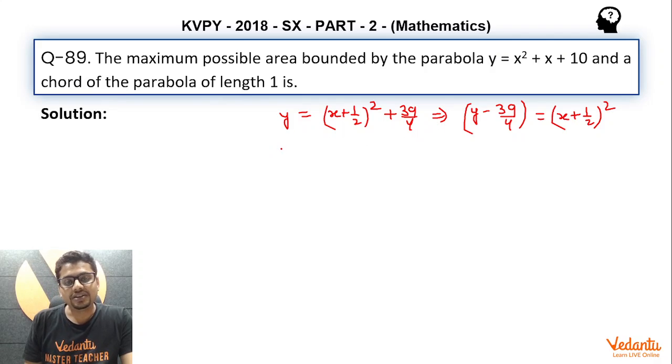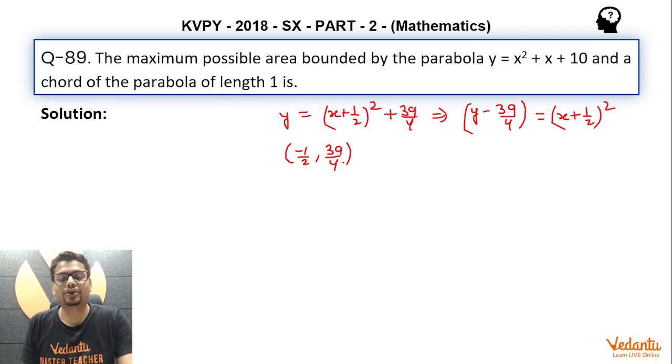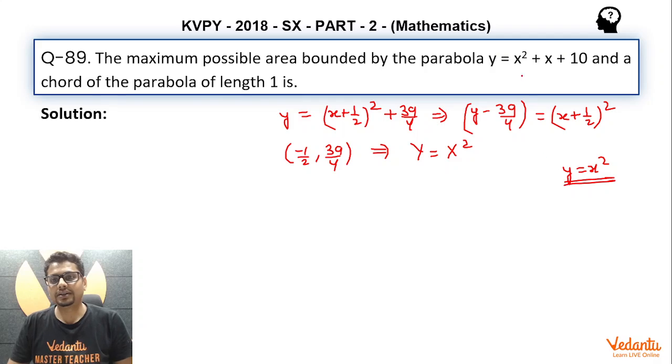So if I change my origin from 0 comma 0 to minus half comma 39 by 4, this expression would be y equal to x square. So that means effectively I may consider y equal to x square parabola rather than taking this parabola. Why? Because shifting of origin would not affect things like length, area.